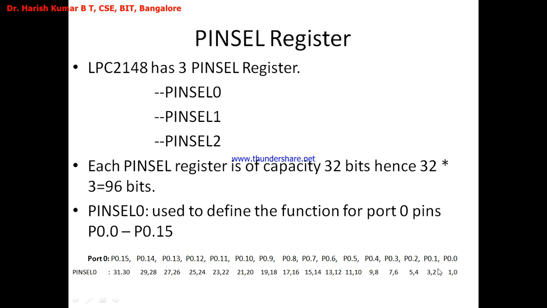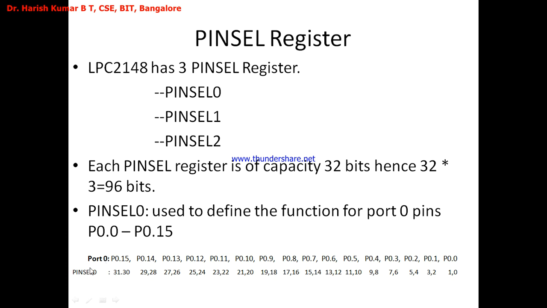Similarly the next 2 bits, 2 and 3, are reserved for defining the function of P0.1. Similarly 4 and 5 are reserved for P0.2. Similarly bits 30 and 31 are reserved for defining the function of port pin P0.15.